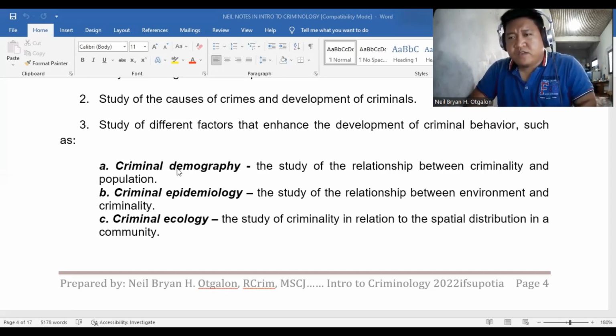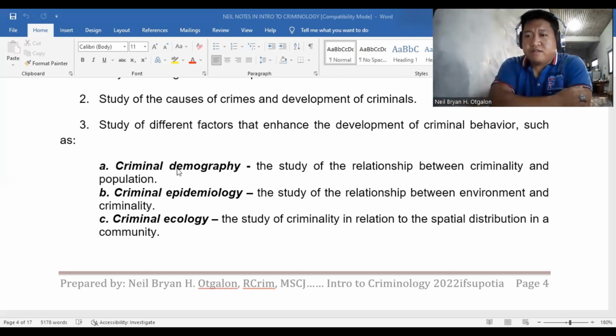But the explanation here is criminologists, or criminology, treats crimes like a disease that may affect others.